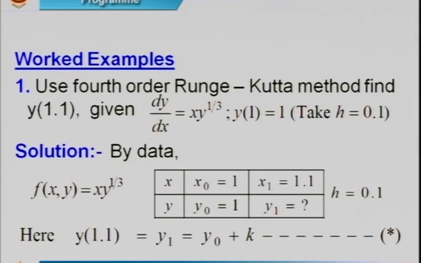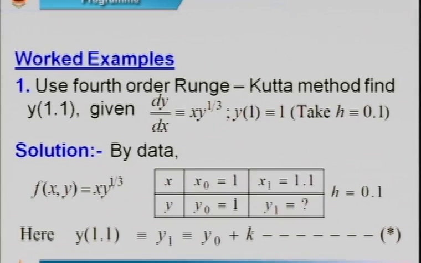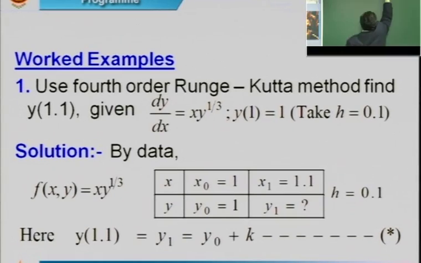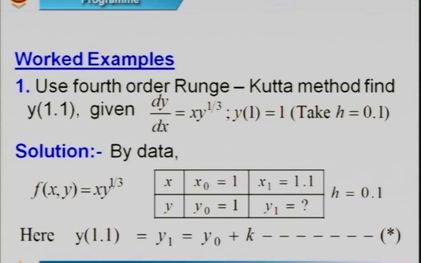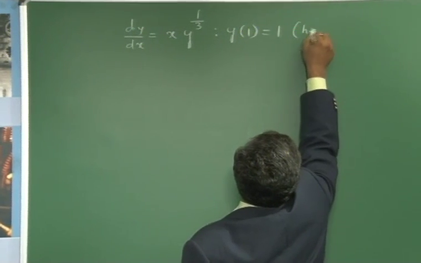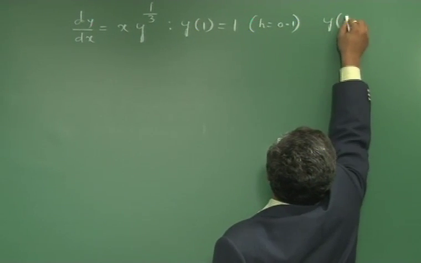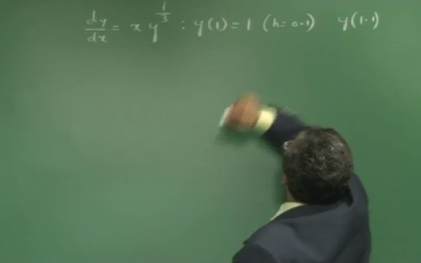This is the problem they have given here. dy by dx equal to x into y to the power of 1 by 3 with the initial condition y of 1 equal to 1, and they are also giving the h value 0.1. They asked to find the value of y of 1.1.